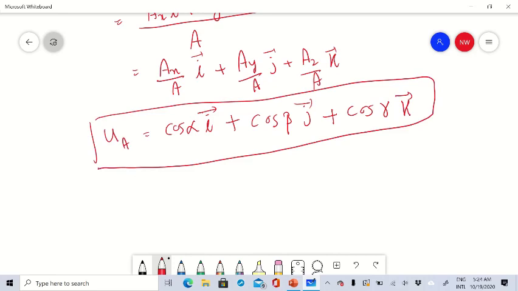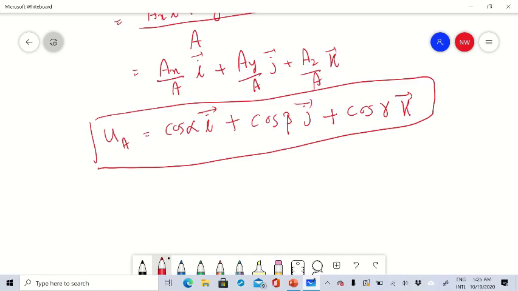If you know the direction cosines of any vector, you can use them to express the unit vector in this way.